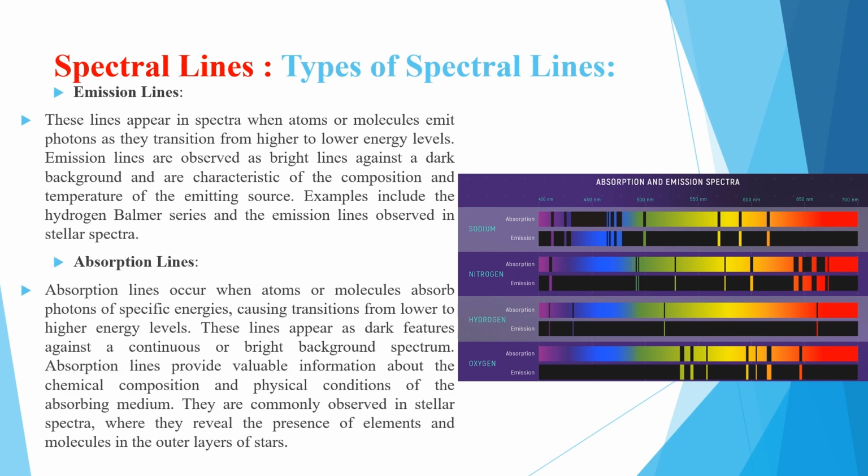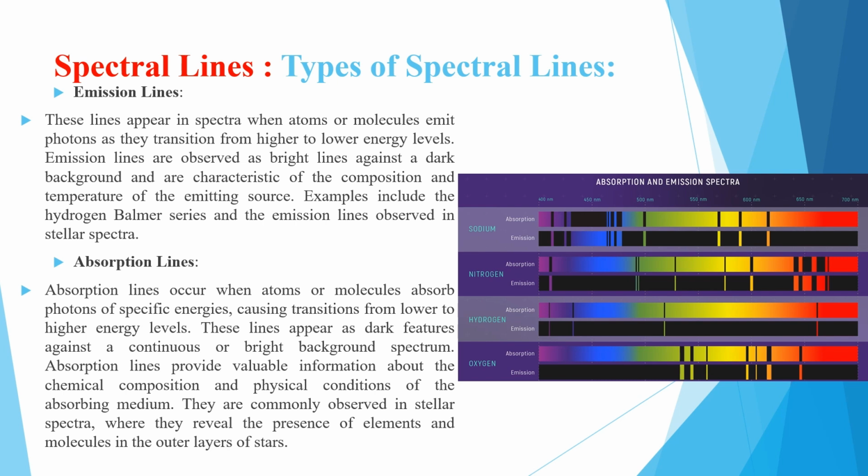We can also see another type, which is absorption lines. Absorption lines occur when atoms or molecules absorb photons of specific energy, causing transitions from lower to higher energy levels, exactly the opposite of the emission lines.